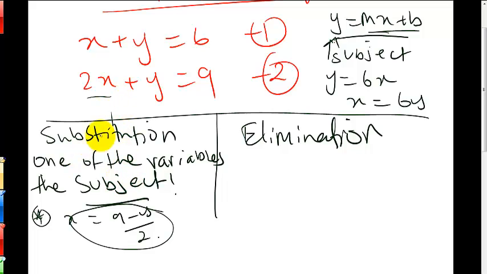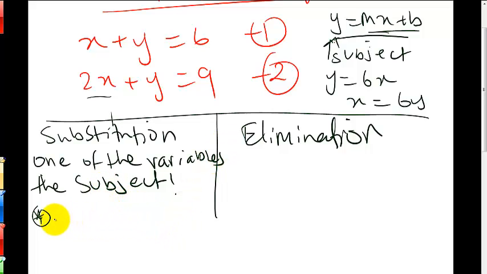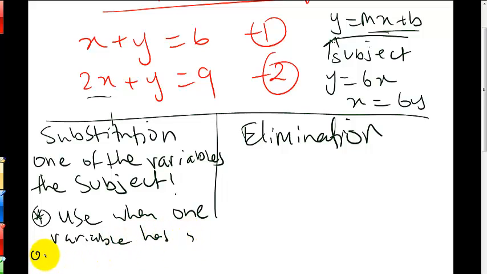The whole point of what you've seen up to today is that you don't want to deal with fractions. So you should only use substitution when there's at least a number 1 in front of it. Unless the question specifically says you have to use substitution, then unfortunately you've got to deal with it. So use it when one variable has a 1 in front of it.